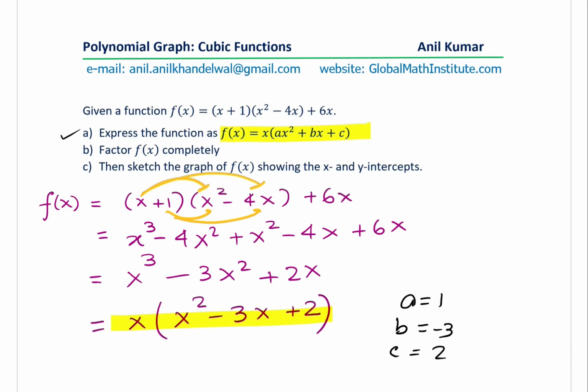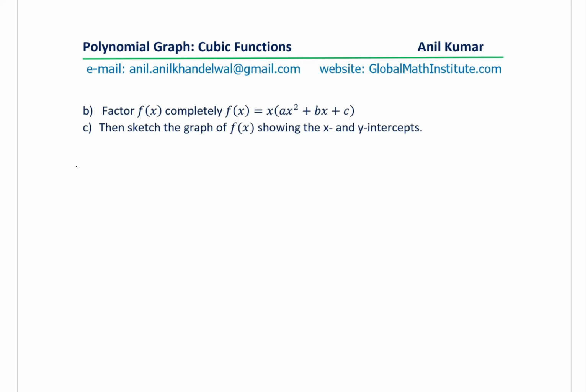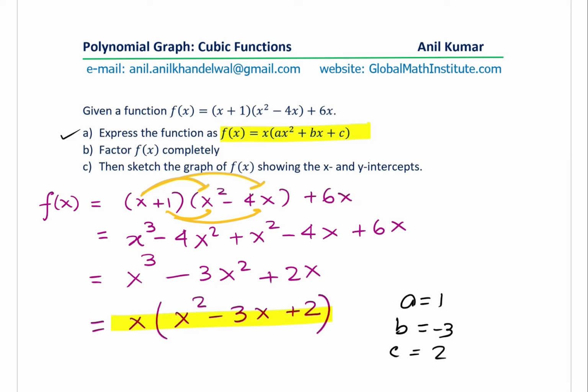Now let's do part B to factor f of x completely. And then we'll sketch. Let's do it on a fresh page. So we get x times x squared minus 3x plus 2. So let me write down this function f of x as equals x times x squared minus 3x plus 2, right?